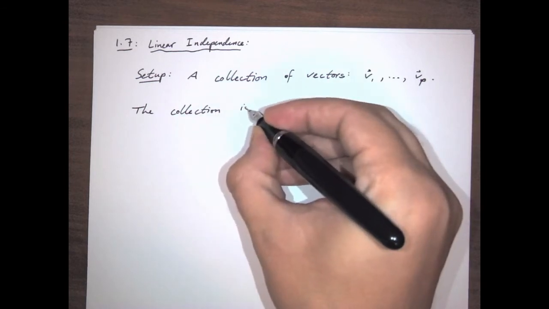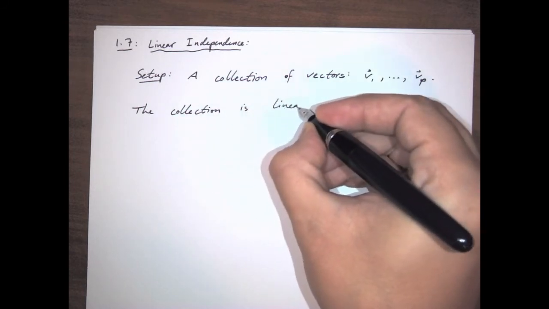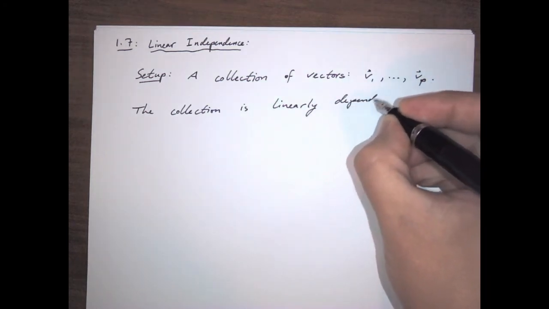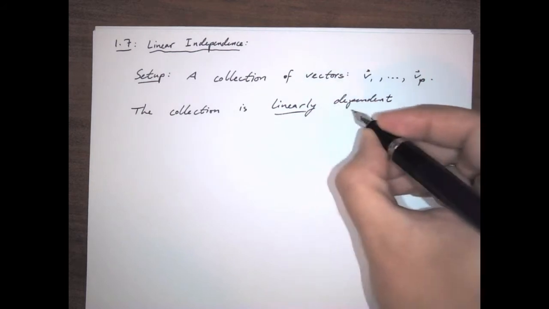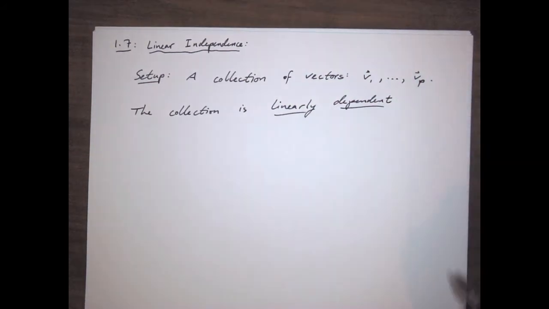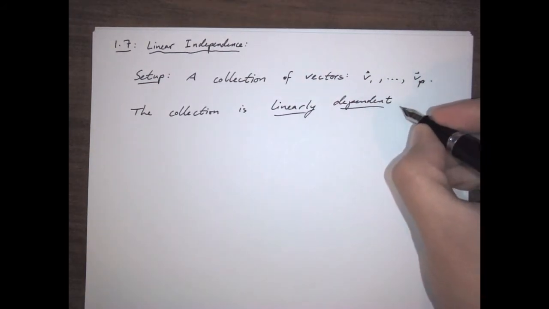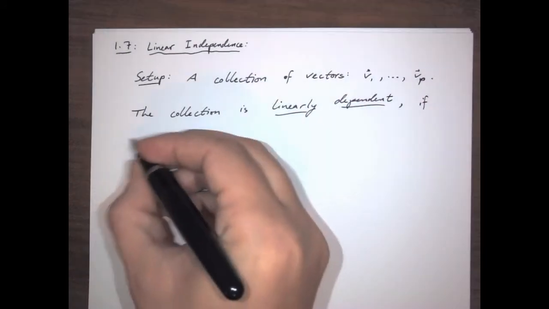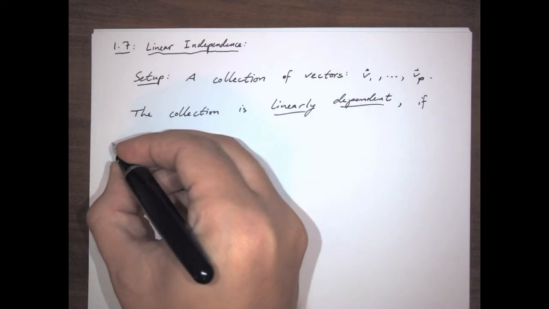The collection is linearly dependent. The opposite of independent is dependent, and that's what we'll define first. Now there are a couple ways we can word this.